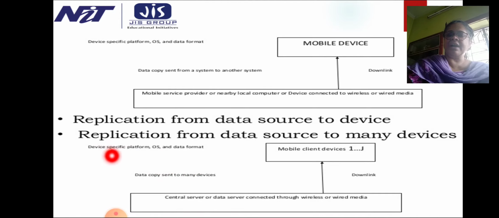Again, device specific platform, OS and data format. So we can see that there are two types. One is replication from data source to device. Another is replication from data source to many devices.